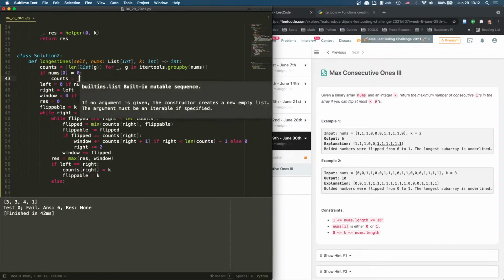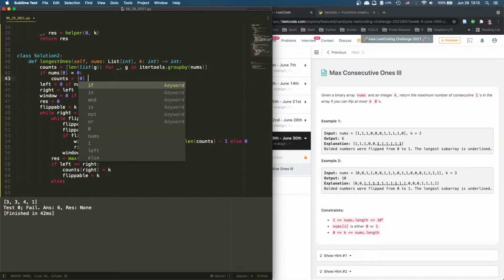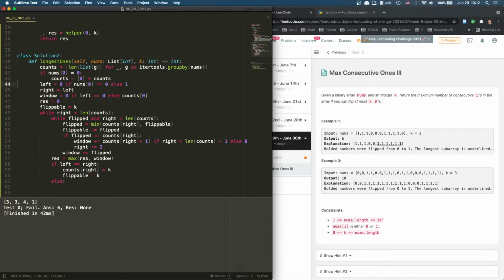Equals 0 plus counts. So we add a dummy, and then left will always be 1. Always start at 1. Right equals left. Window will always be counts 0. Result is 0. Flippable is k. And then we can start.